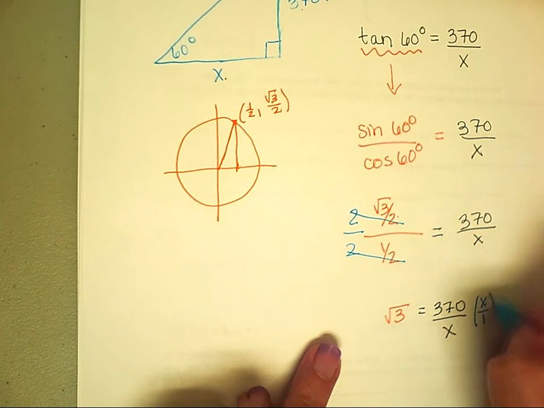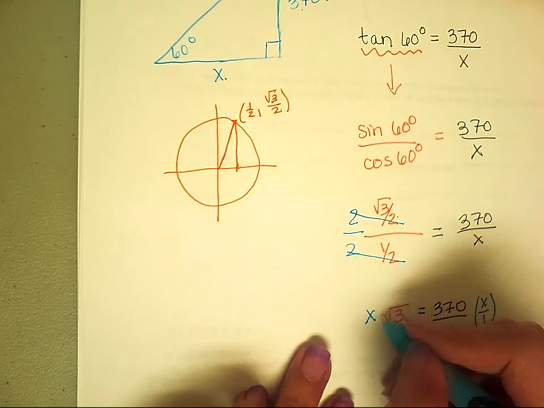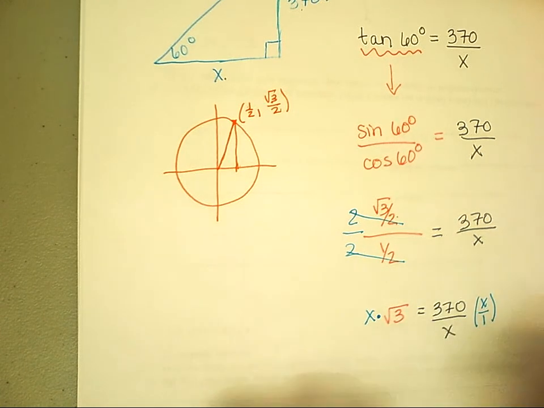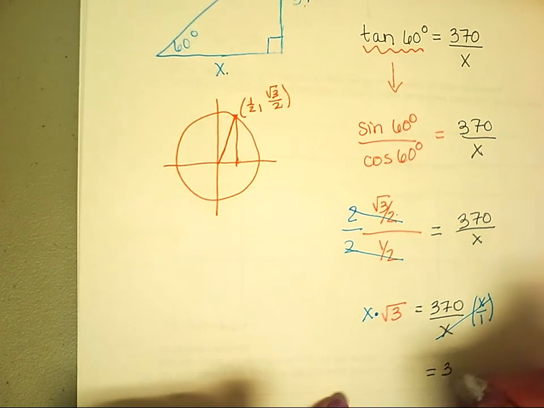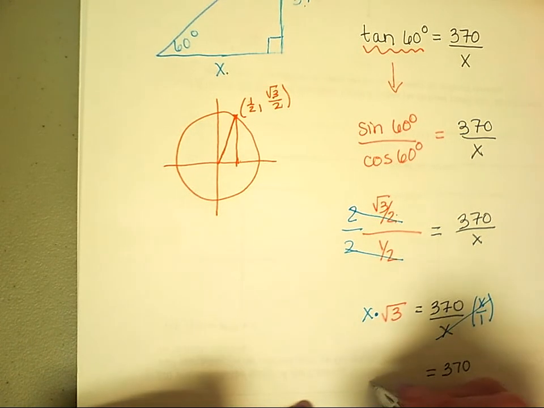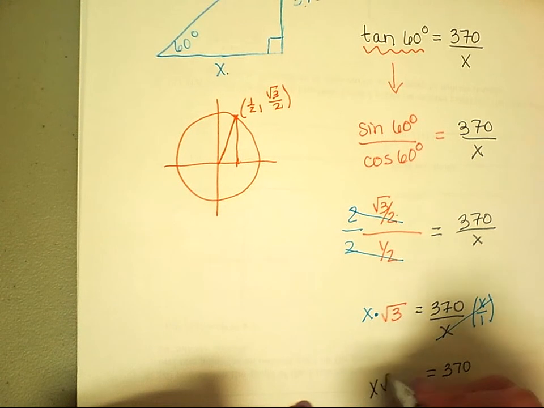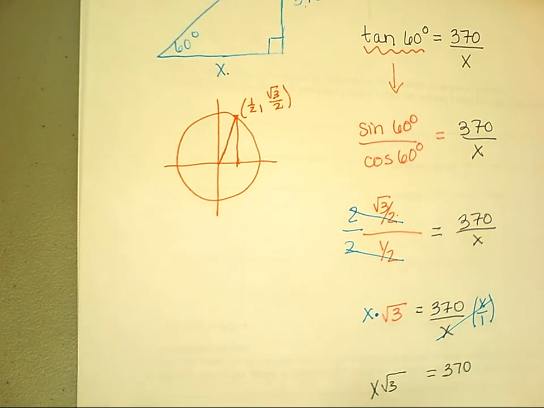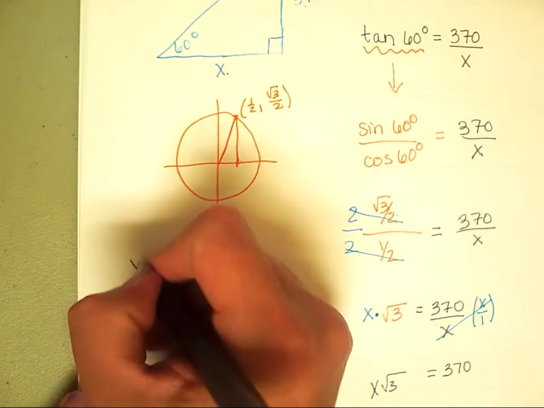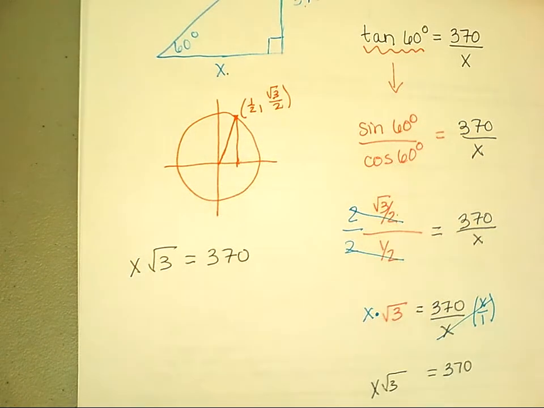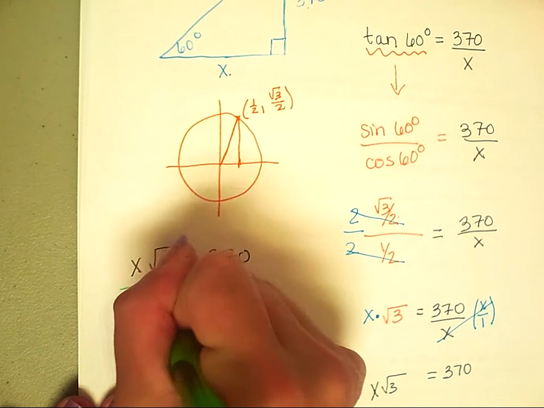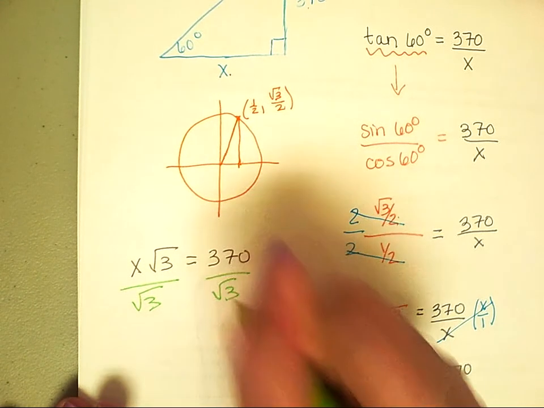Now x is in the denominator. We will need to get that out, so we'll multiply both sides by x. So we'll cancel on this side. So we have 370 is equal to x times the square root of 3. And now we just have to divide by the square root of 3 to get x by itself.